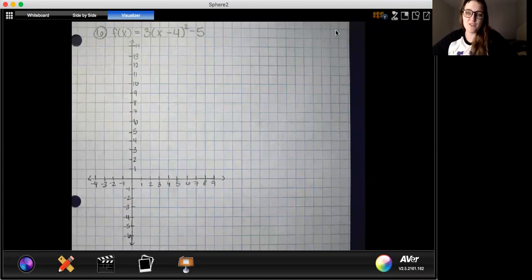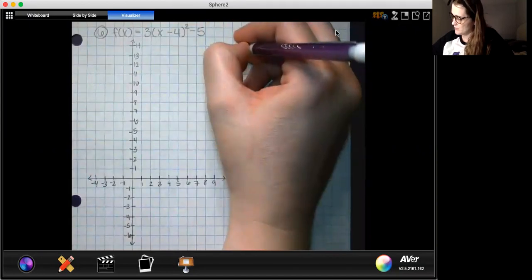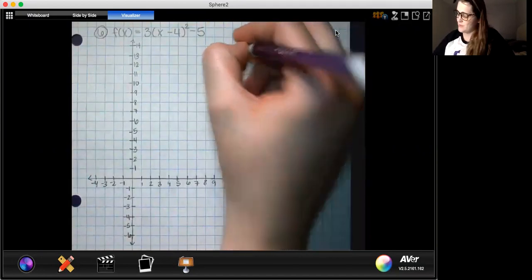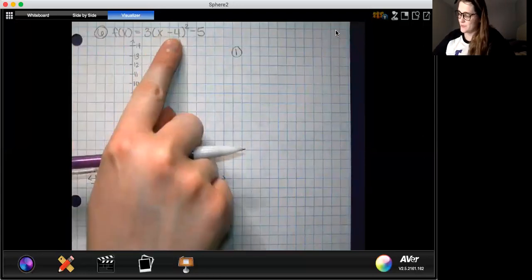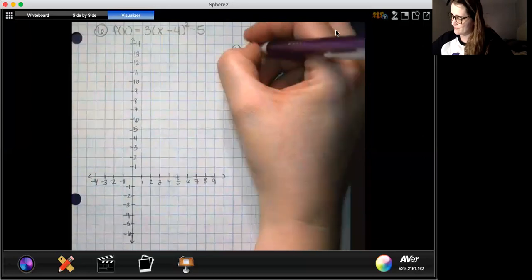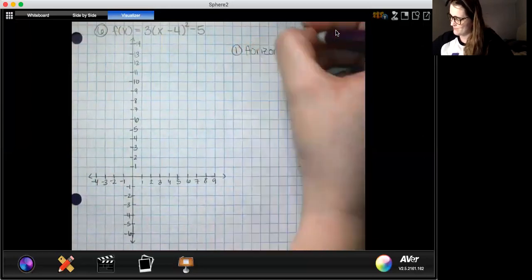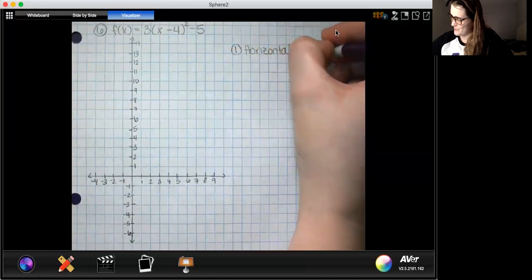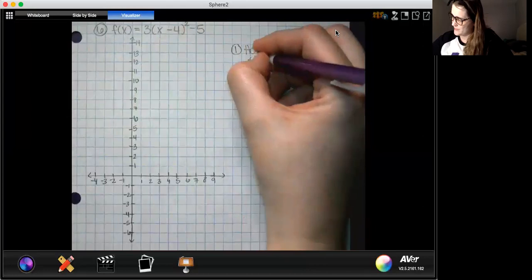Okay, let's first start by listing off those transformations in order. So number 1. Remember to go from the inside out or PEMDAS order. So first we're going to start with a horizontal translation. And this one is to the right 4 units.